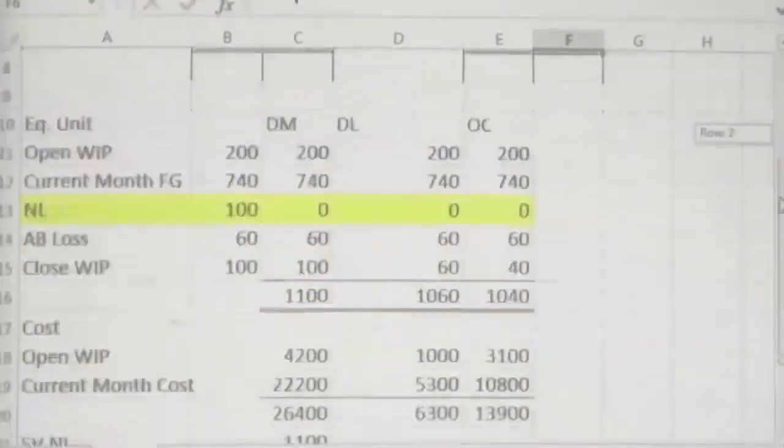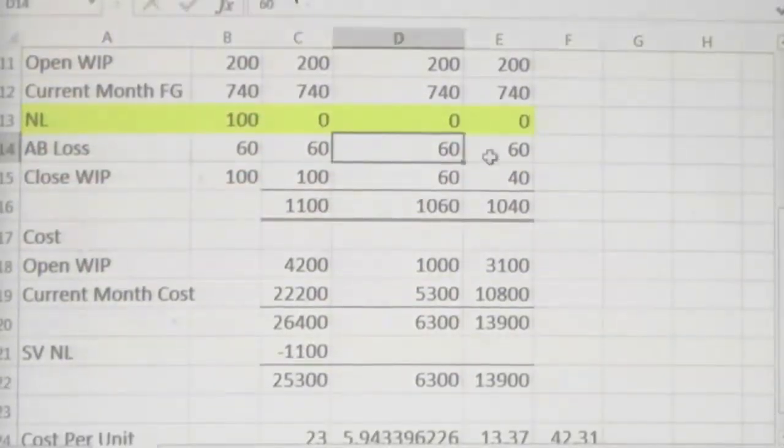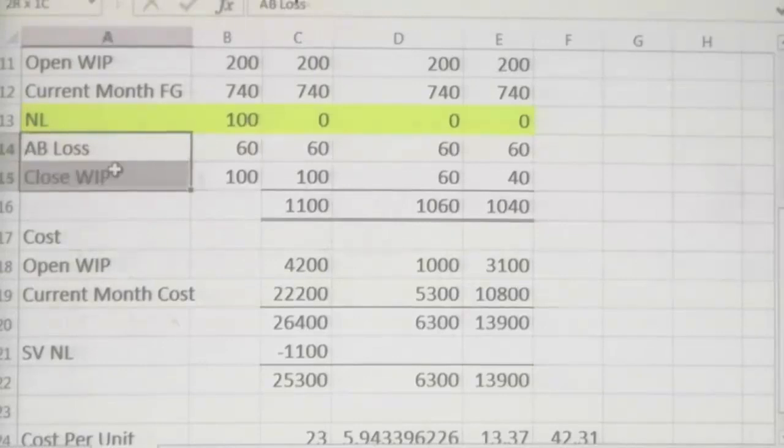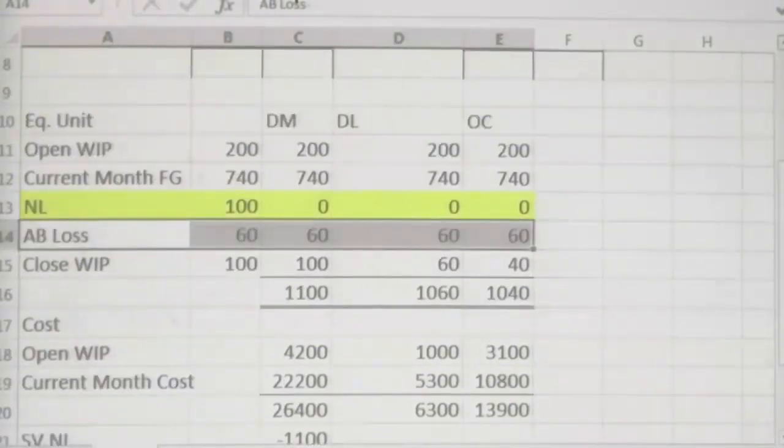Now, don't do this if you have different values in these three cost categories, right? Now, in this case we have assumed abnormal loss occurred at the end of the production process. That is, abnormal loss include all the cost categories of material, labor and overhead, right?